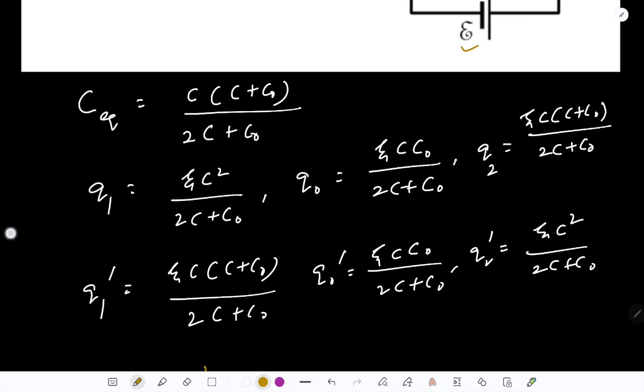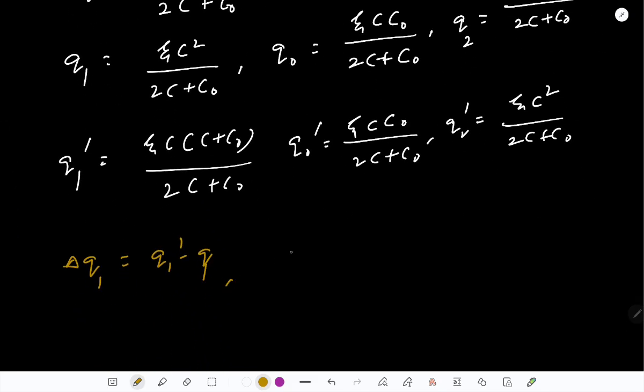And the change in charges in capacitor C on the right, that is index 2, is delta Q2, and delta Q2 is minus delta Q1, because the changes have taken place like this, and both have magnitude equal to ECC0 divided by twice C plus C0.